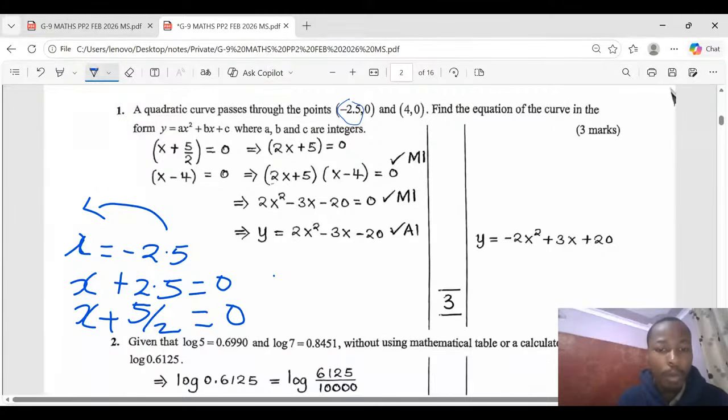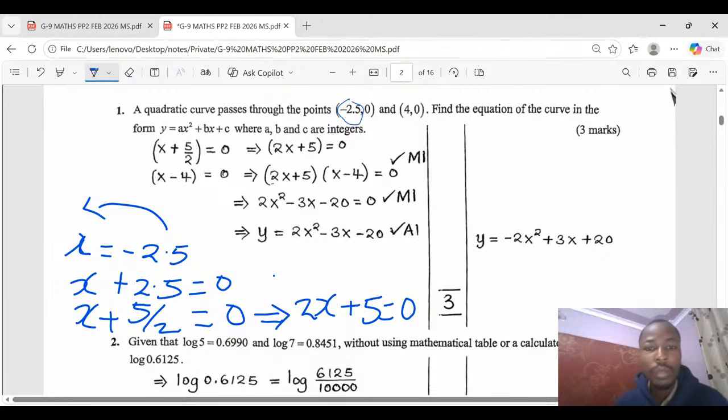If you multiply all through by 2, you end up having 2x + 5 = 0. And that's what we have here.